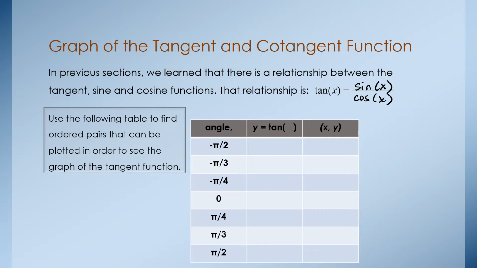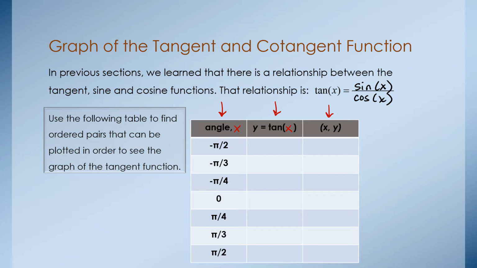Now, what we have is an input, which is an angle, and then the output is whatever the tangent of that angle is, and then of course we will write it as an ordered pair and plot. So I have let the ordered pair be x comma y. That means that my input, or the angle, is x, with an output of y.